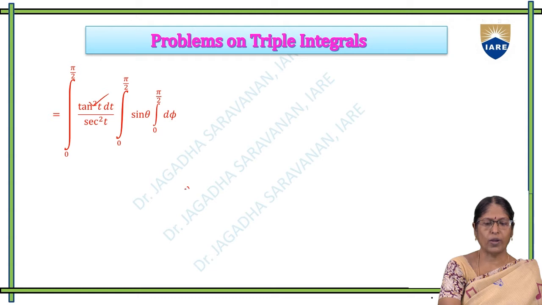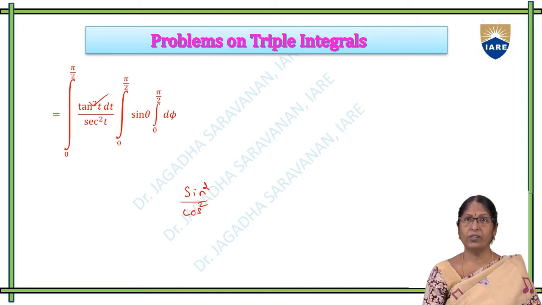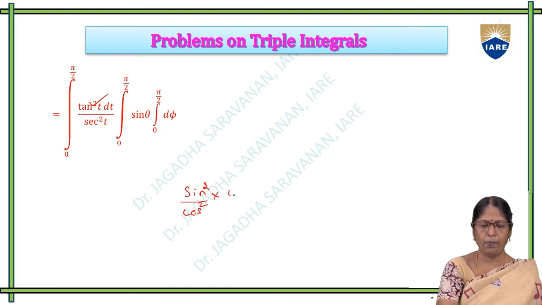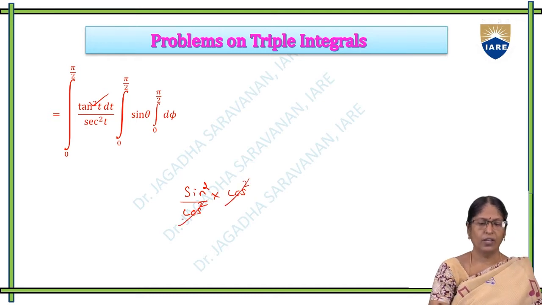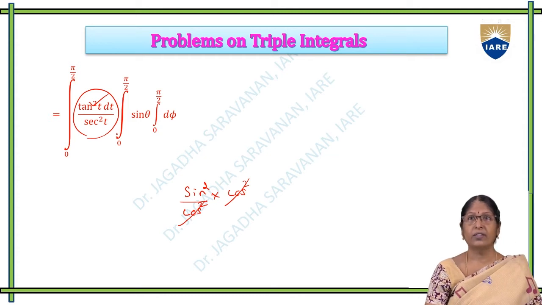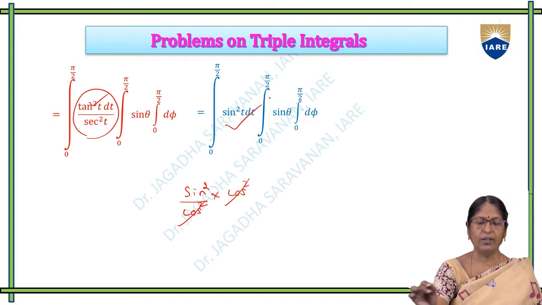Again, tan square is nothing but sine square by cos square, and secant square is nothing but 1 by cos square, but it is in the denominator. So up it is coming cos square. Both are getting cancelled. So here the simplified one we are getting sine square t. That's what is written here.